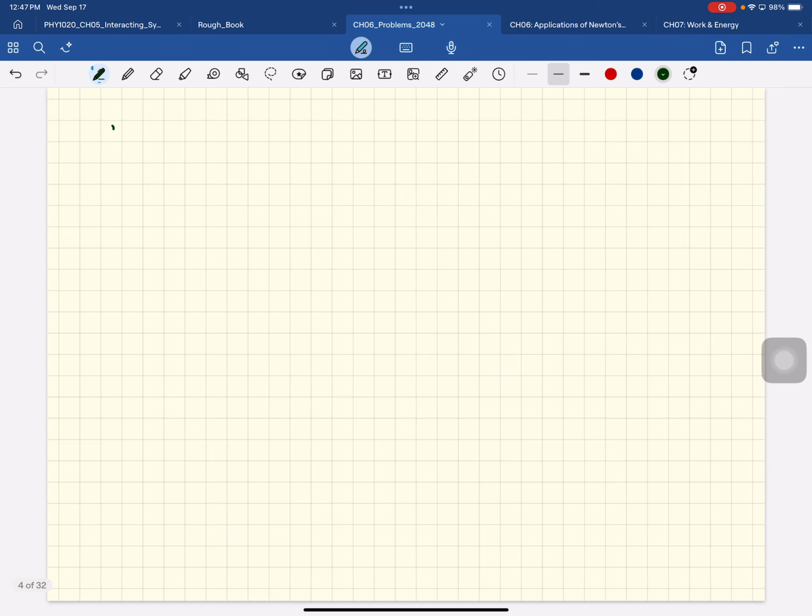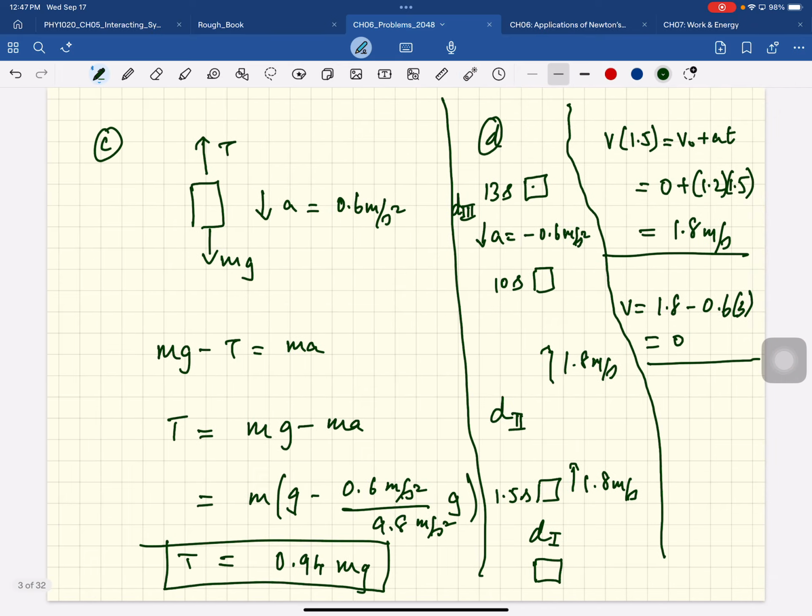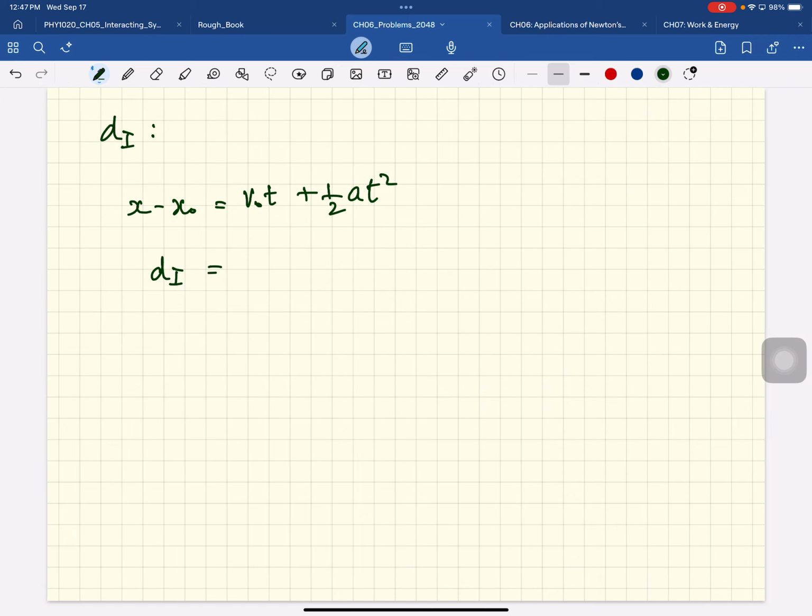All right, so D1. x minus x naught equal to v naught t plus 1/2 at squared. So this is D1. The initial velocity was 0 for that leg of the journey. Acceleration was 1.2 meters per second squared.